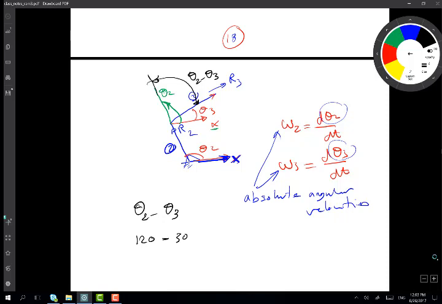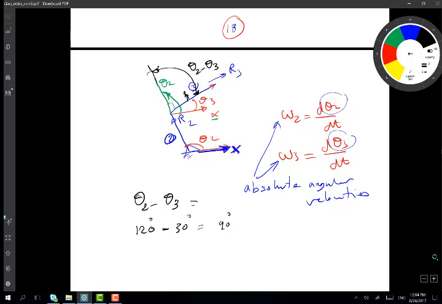So the difference between them would be 90 degrees, positive 90. It means that an observer standing on link 3 will see theta 2 ahead by 90 degrees. It doesn't have to be 90, it can be any value during the rotational motion, but we'll see theta 2 ahead by this value.